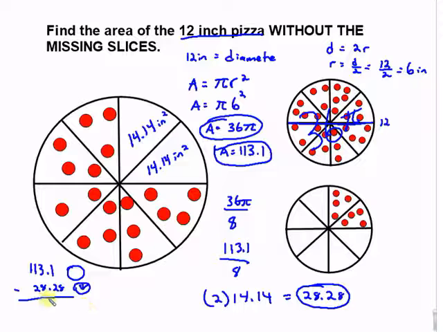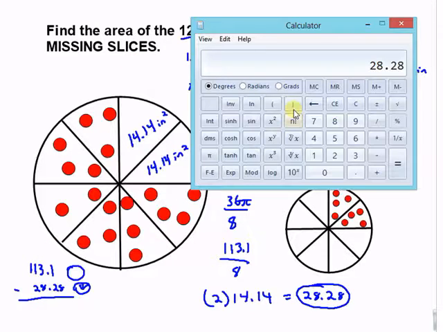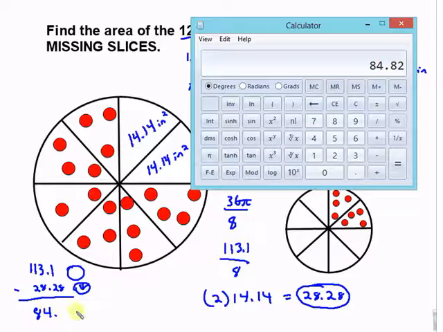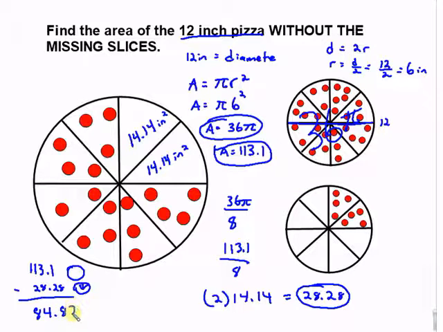So 113.1 minus 28.28 is going to be equal to 84.82. 84.82, and that is the area of our pizza minus the 2 slices. 84.82 inches squared.